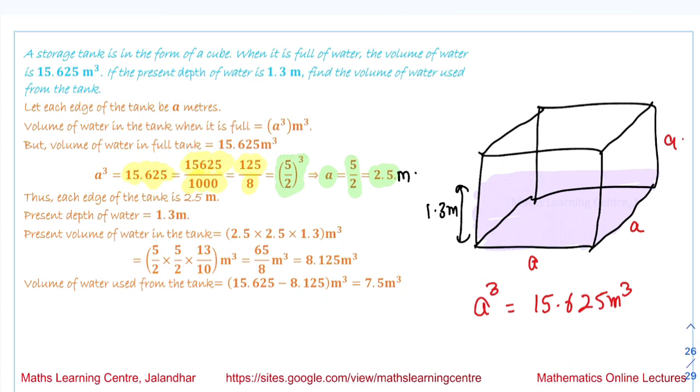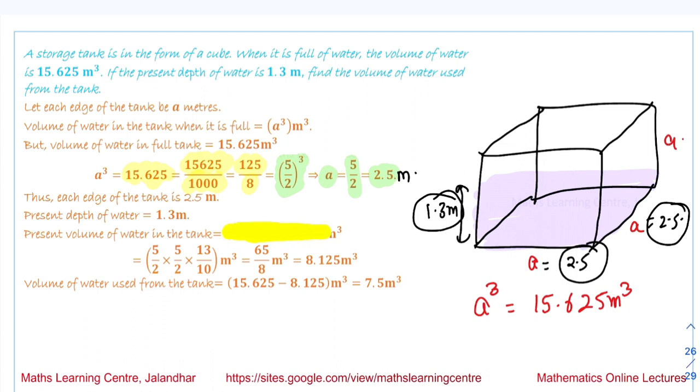So present volume of the water will be, we are saying the length is now A, the value of A that we have obtained, it is 2.5. So length will be 2.5, breadth will be 2.5, and this is 1.3 meter. So the answer we will get is 2.5 into 2.5 into 1.3.